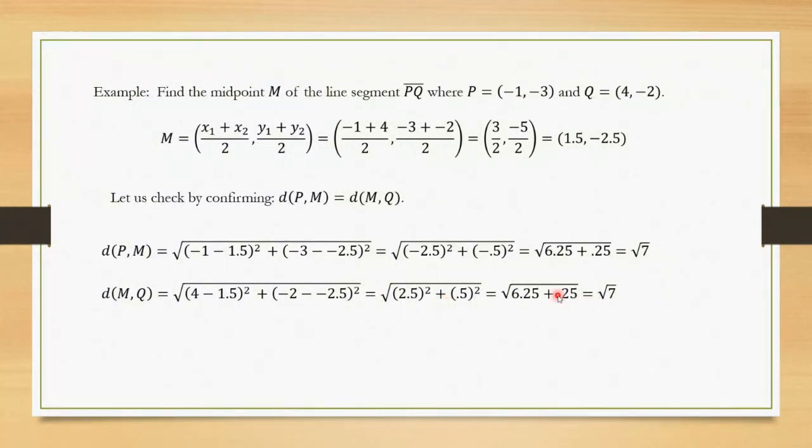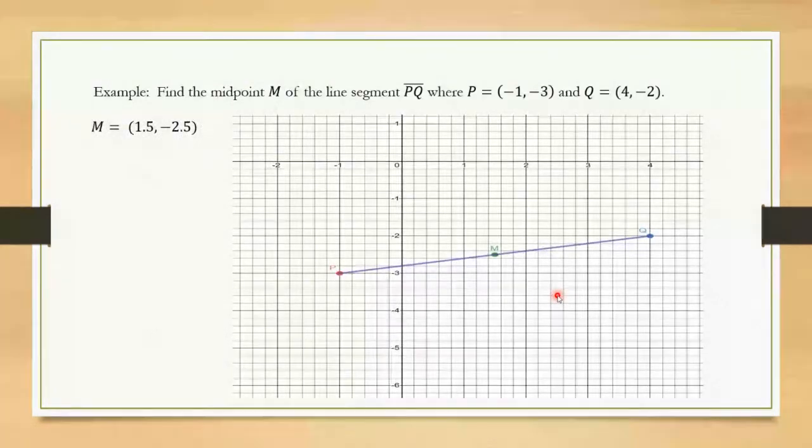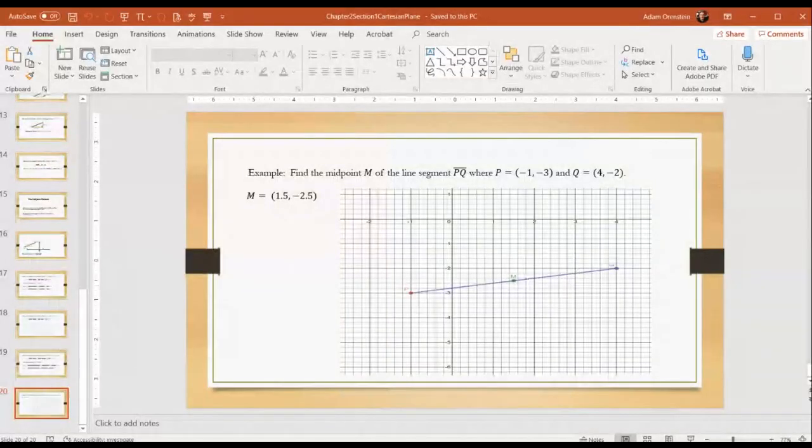So the distances are the same. And if you were to graph it, you would see, yeah, they're all on the same line segment. This graph I actually made through Desmos. So hopefully that makes sense, although I think it does. All right.